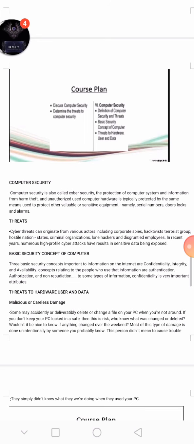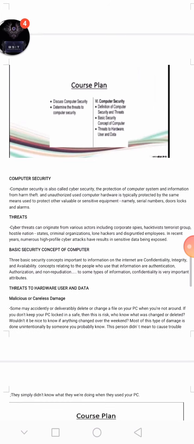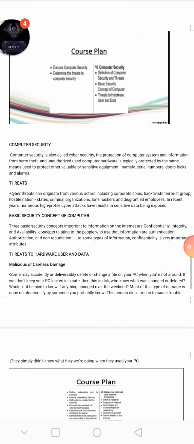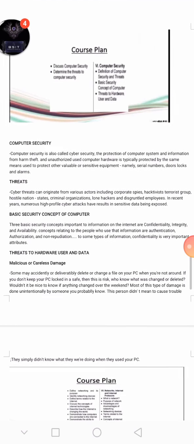Computer hardware is typically protected by the same means used to protect other valuable or sensitive equipment, namely serial numbers, doors, locks, and alarms. Threats.